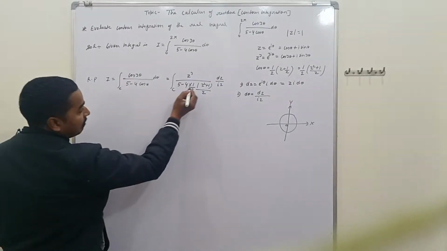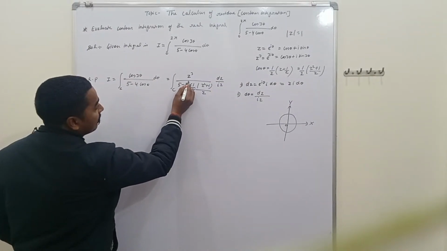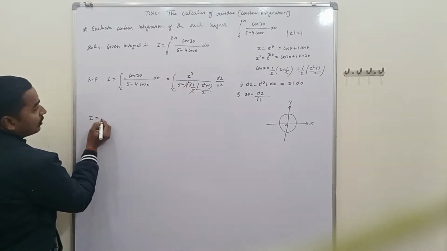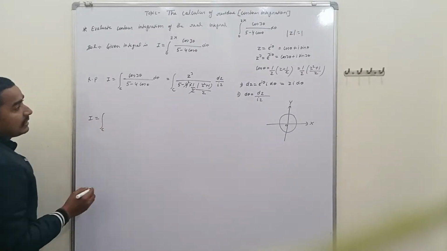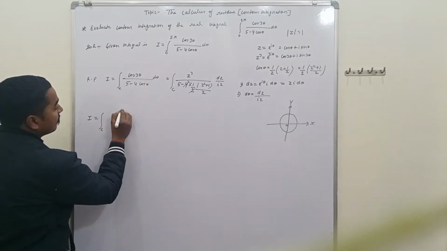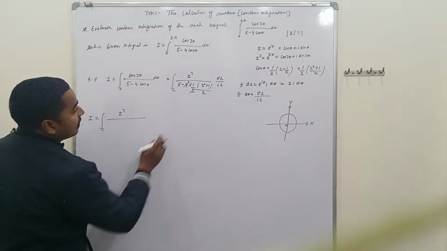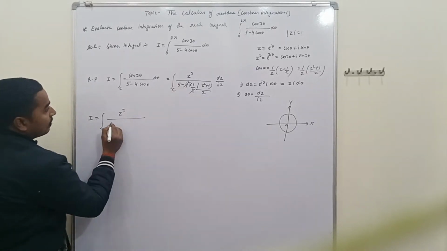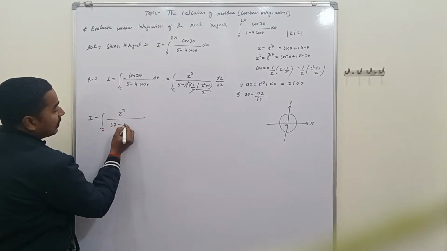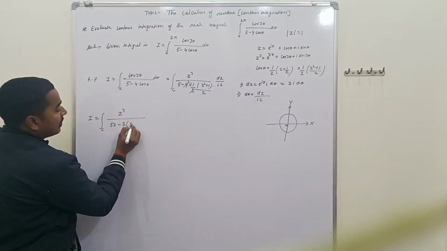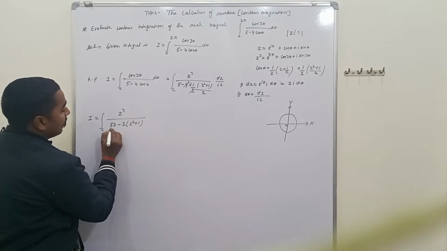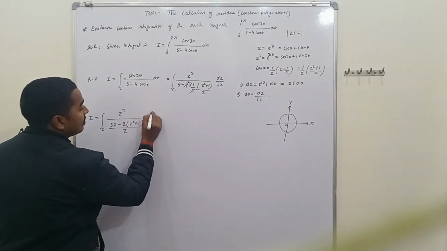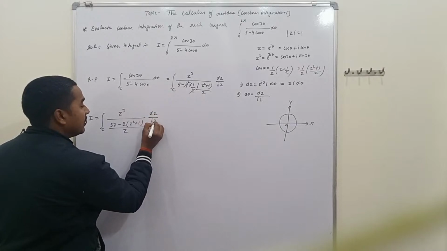First we cancel out 2 to 4, and the remaining is I is equal to the closed integral with C, that is z cube upon, taking the LCM, 5z minus 2 times z square plus 1 upon z, and here is dz upon iz.